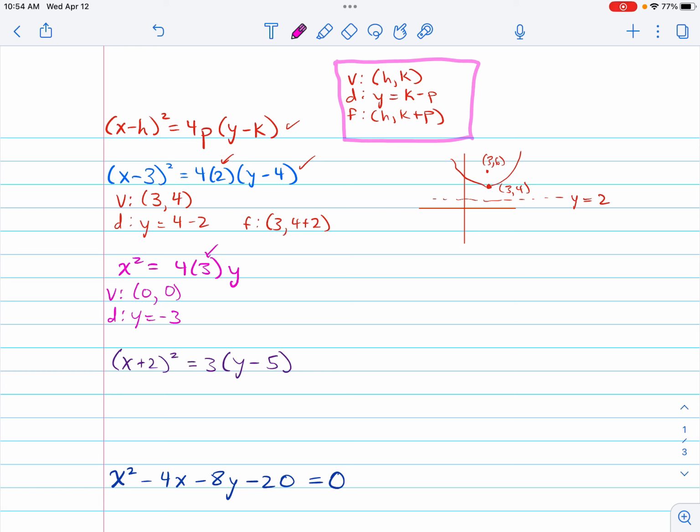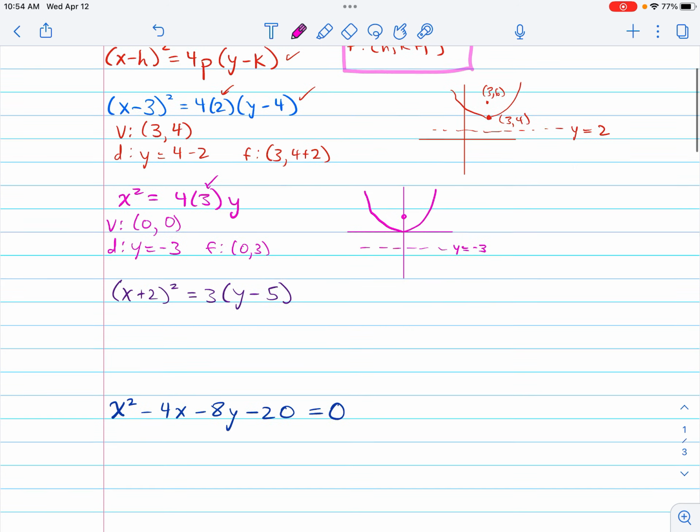And the focus is going to be (0, 3). I just add 3 to the y coordinate. If we wanted to sketch this one, it's just going to be a parabola opening up. Up here is the (0, 3), and down here is -3. Yeah, like that. So there's the directrix.